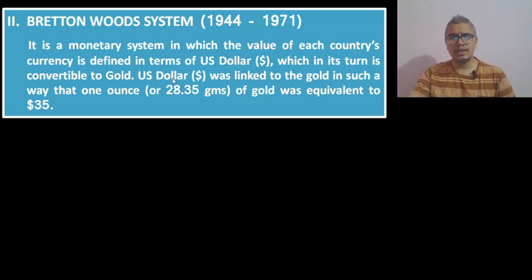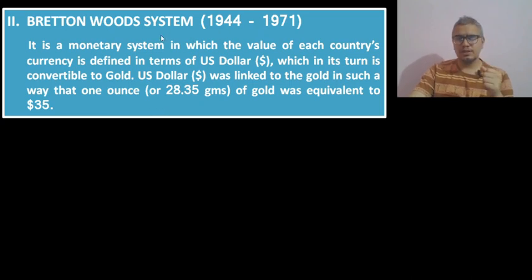The value was decided such that 1 ounce of gold, which is approximately 28.35 grams, was equivalent to $35. So if you have $35, then you could purchase 1 ounce of gold.